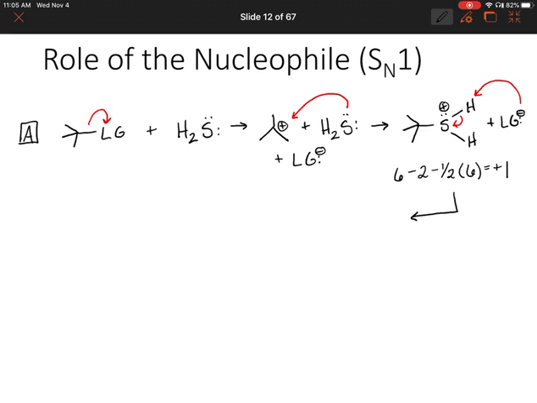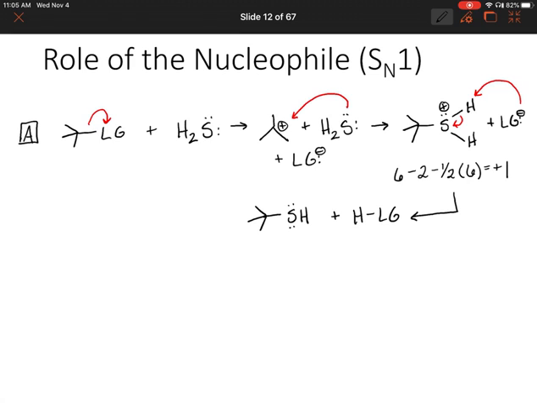So I'll just draw the products down here. So we would eventually end up with H bonded to the leaving group. Okay, so those would be our 2 products at the very end. So if you got most of the way there, good job. And then that last step was kind of a challenge step.